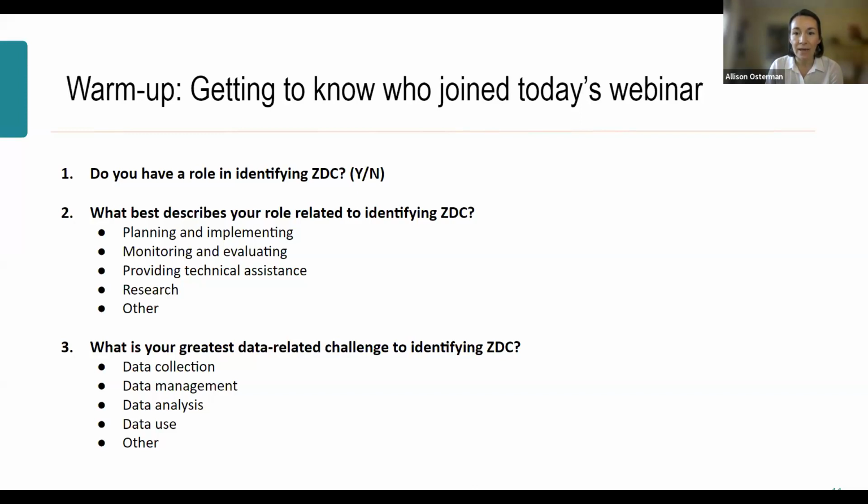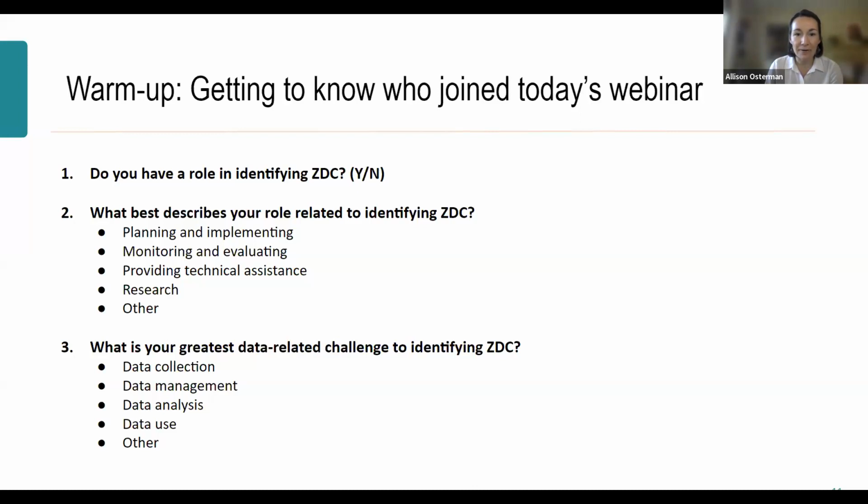So I'm seeing quite a few participants that are involved in planning and implementation. It looks like the most participants today are involved in monitoring and evaluation. And then about 22% involved in providing technical assistance, 19% involved in research. Okay, that's great. We really have a diverse group of participants.